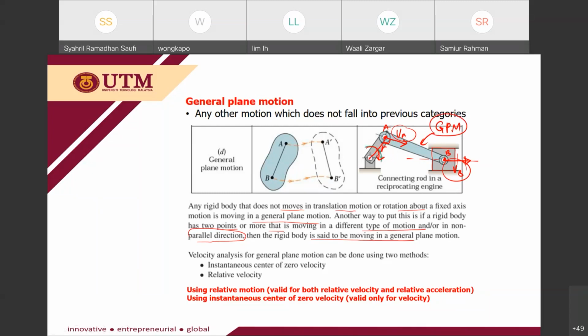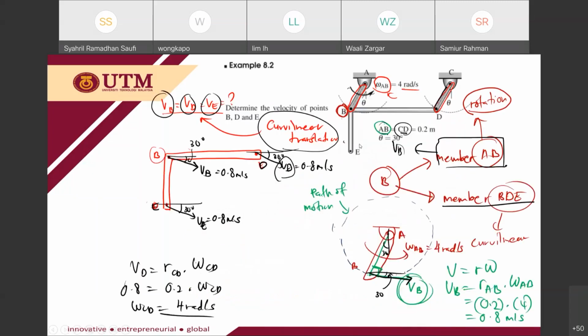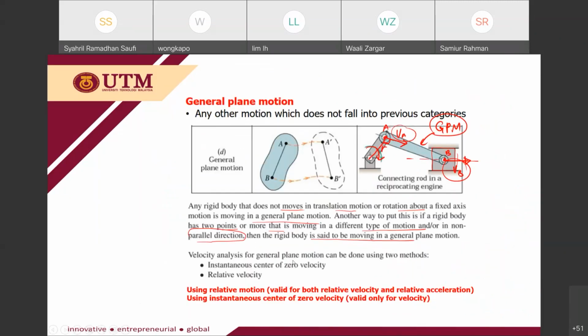If your rigid body moves with rotation, you can use V equal to R omega to determine this V. But for this AB, a rigid body that moves with general plane motion, for this point A, if you have this omega, then you can determine VA.